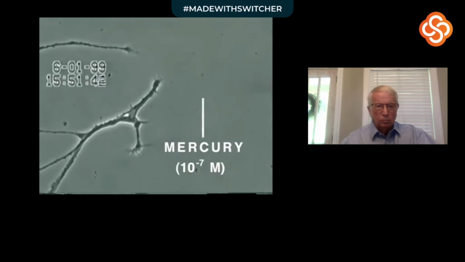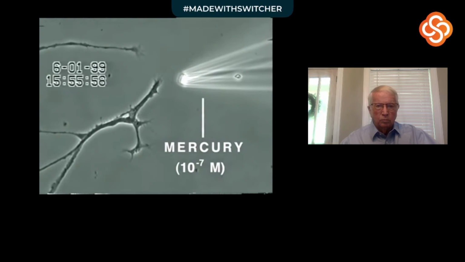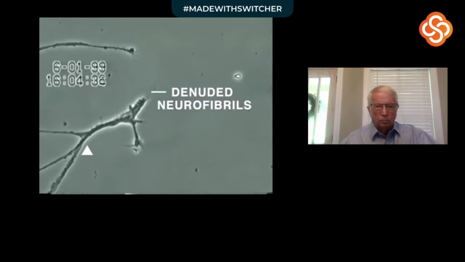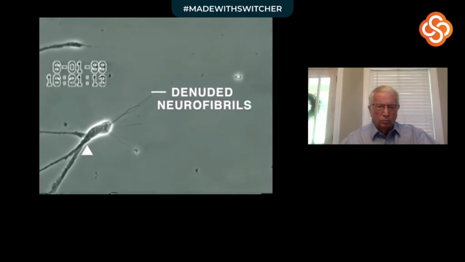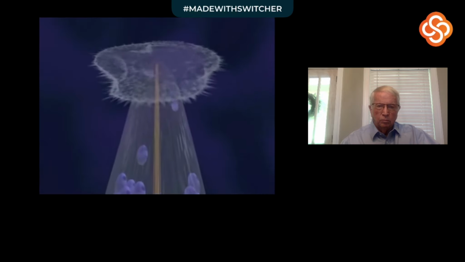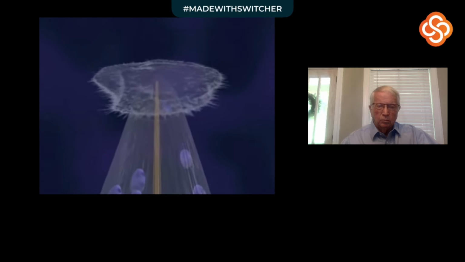Over the next 30 minutes, the neurite membrane underwent rapid degeneration, leaving behind the denuded neurofibrils seen here. In contrast, other heavy metals added at this same concentration, such as aluminum, lead, cadmium, and manganese, did not produce this effect.